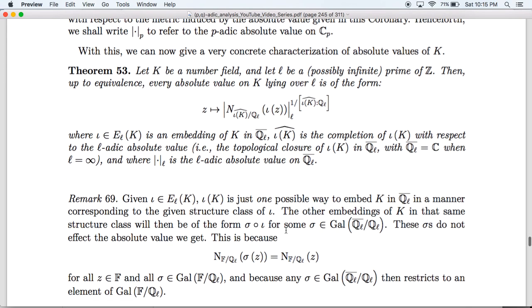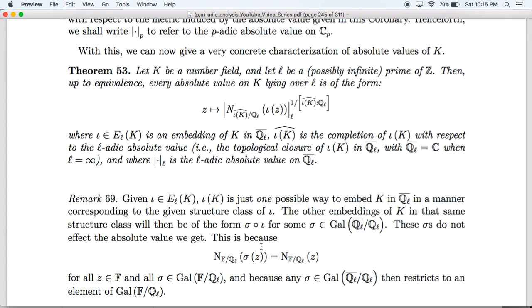The reason is, this is one of the fun things in life: when a field automorphism fixes some base field, it is going to be an isometry of the underlying norm. So for any sigma in the Galois group of F over Q_L, the norm will be unchanged when we apply sigma.